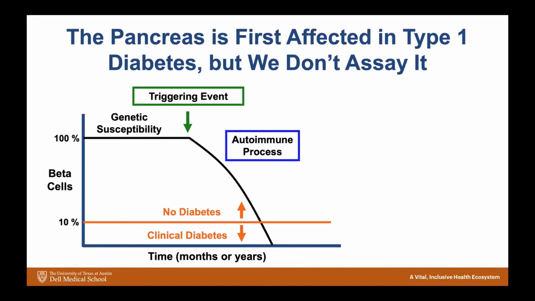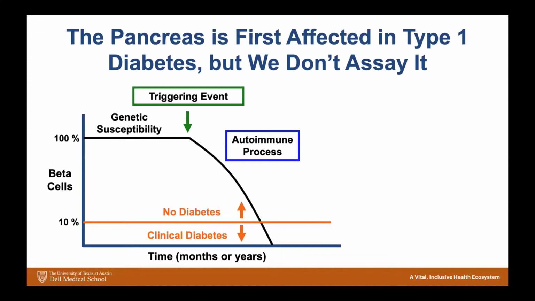But when we think of the natural history of type 1 diabetes, it's probably starting primarily in the pancreas, where the immune system has some triggering event which sets off some autoimmune process. And over time, individuals who develop type 1 diabetes are losing beta cells. And this time scale can be long. It can be months. It can possibly be years. We don't really know because we don't actually have a way of imaging the beta cells directly.